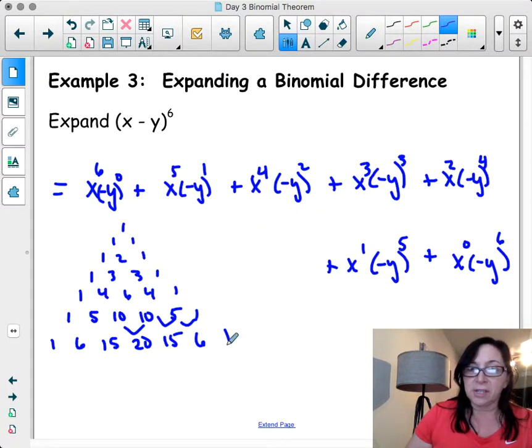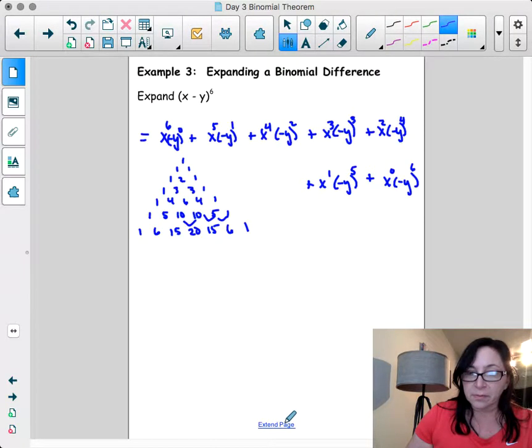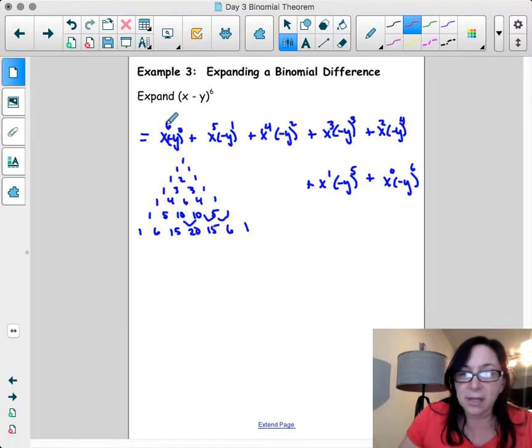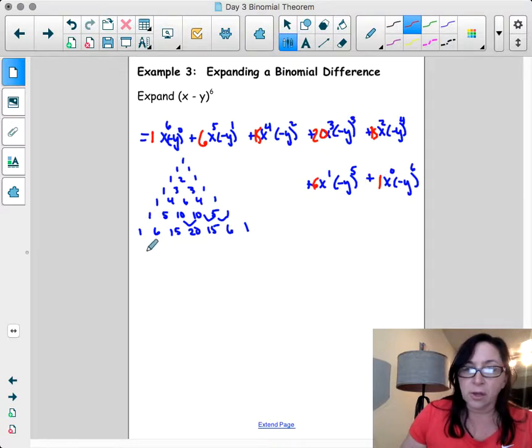So my coefficients, let's see, I was able to expand that. So my coefficients, once I plug those in, are going to be 1, 6, 15, 20, 15, 6, and 1.